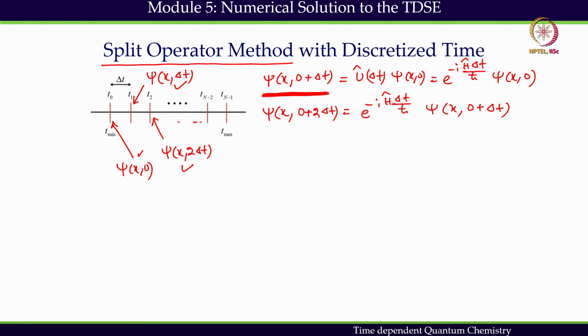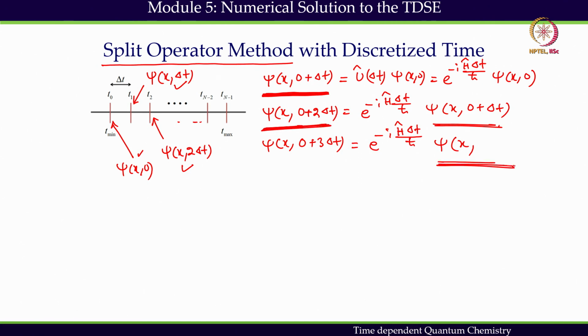This has now become the initial wave function for the next step of propagation. Similarly, I will be able to write psi(x, 0 plus 3 delta t) as e to the power minus i H delta t by h cut times psi. In this case, this wave function would be my initial wave function for the third step propagation, which is going to be psi(x, 0 plus 2 delta t), and so on. In this way we can propagate.